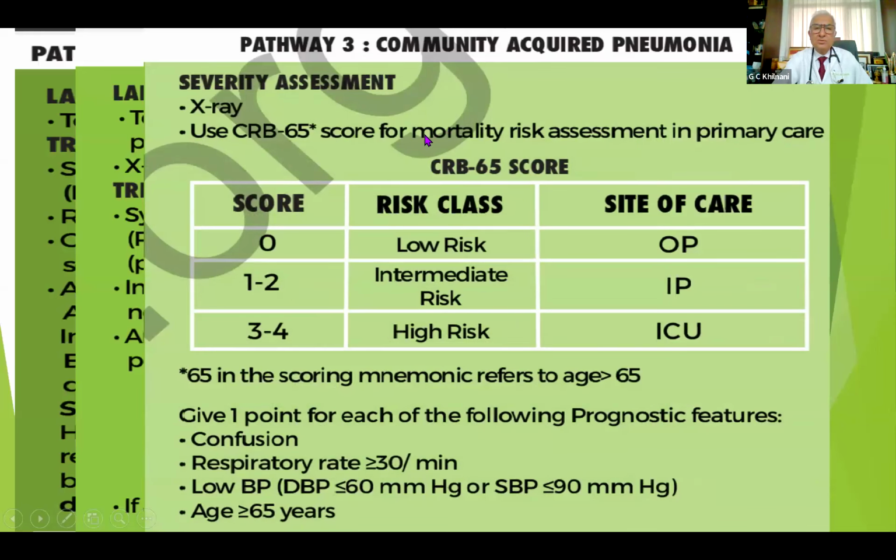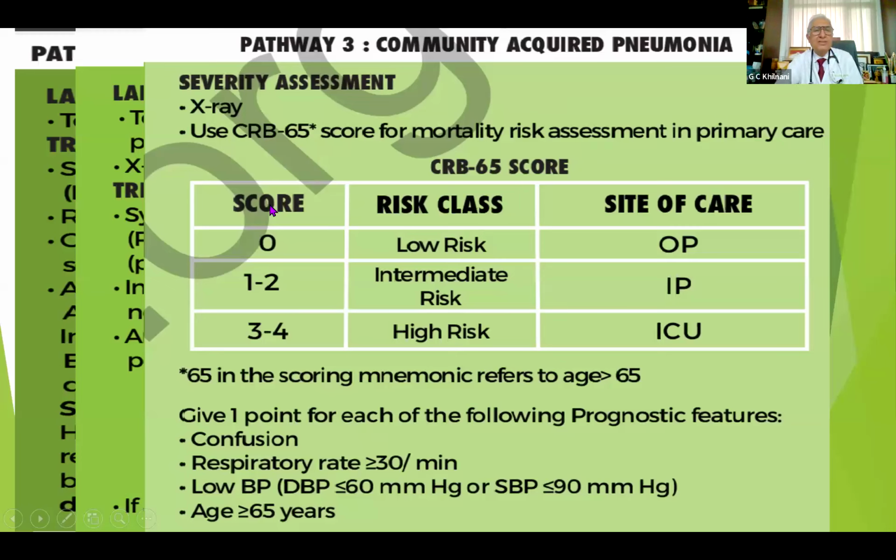Now, if the patient has pneumonia, it is important to decide whether this pneumonia can be treated on an outpatient basis, or this patient should be admitted to the hospital, or admitted in the ICU. Because as I said at the outset, pneumonia is one of the biggest killers, as we saw in the COVID time also.